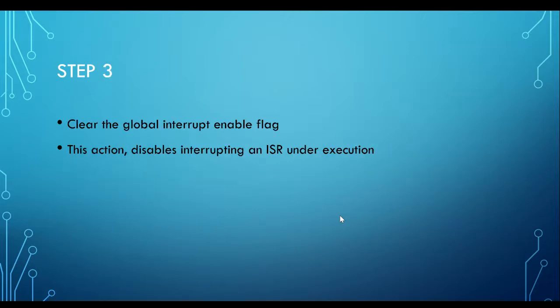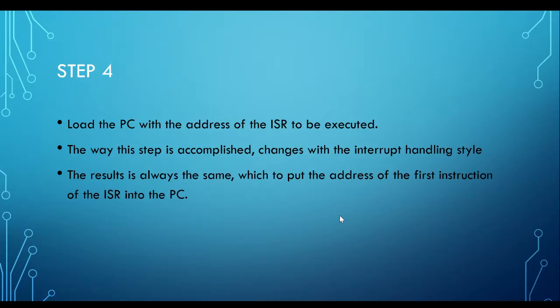So when you are servicing an interrupt, everything will be temporarily frozen. No requests coming in until that particular ISR is completed. Then the CPU will enable back the interrupt flag. Okay.